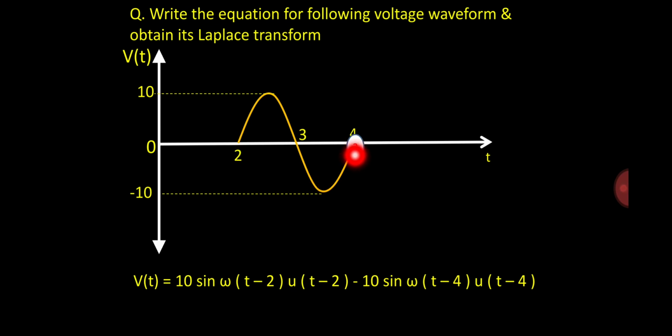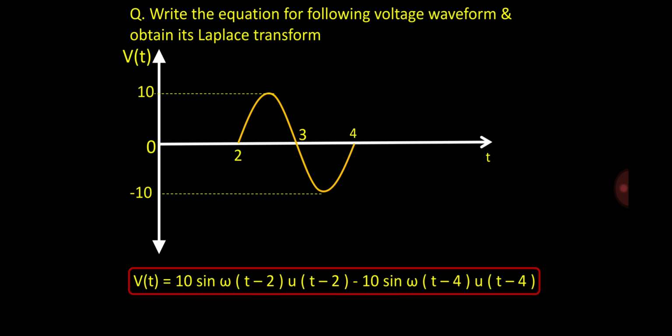So as the waveform is coming from the negative half cycle, we have to put minus 10. So the magnitude is minus 10 now. Again sine omega t minus 4. Why have we written t minus 4? Because the finishing point has been delayed by 4. So t minus 4 into u of t minus 4. So we have written the equation for the voltage waveform. This first part is over for this problem. We obtained the voltage waveform equation.